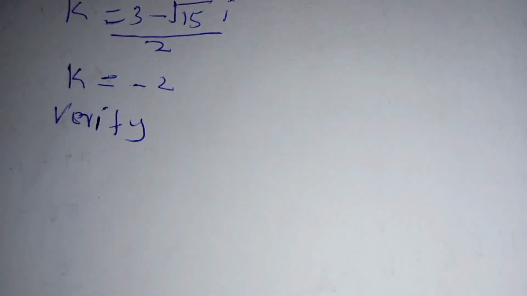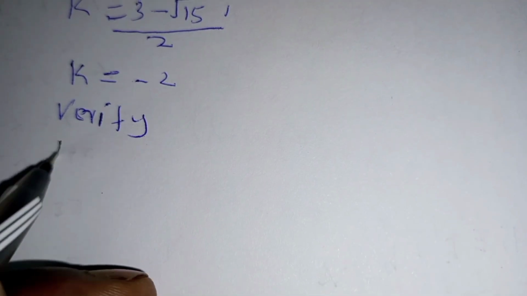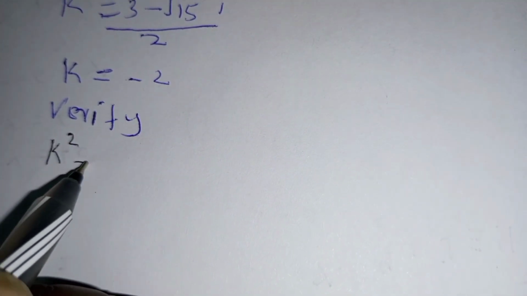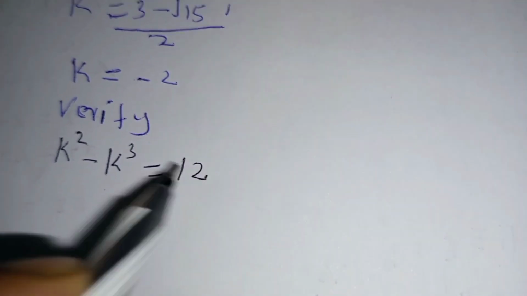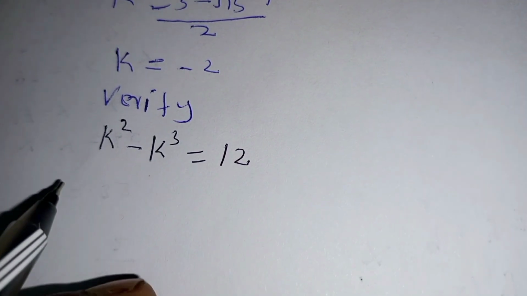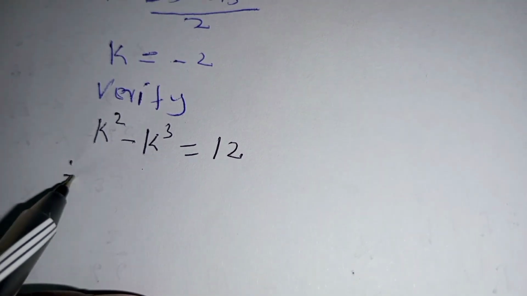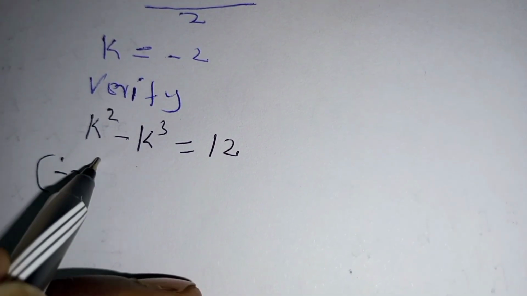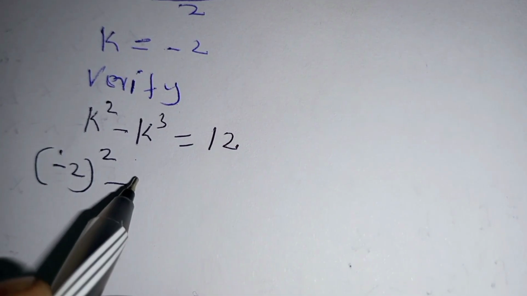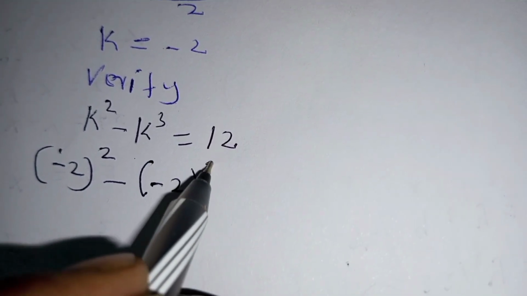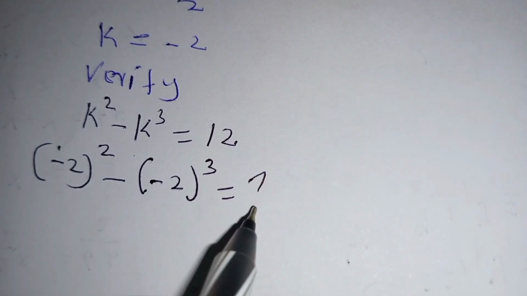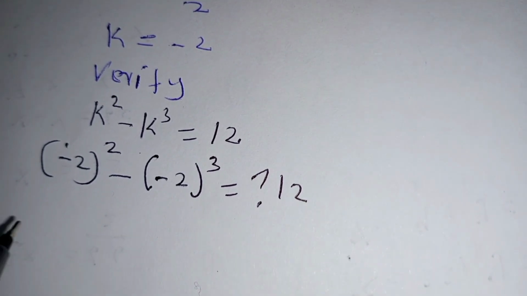So we check with k squared minus k cubed being equal to 12. Negative 2 squared minus bracket negative 2 cubed, will it give us 12?